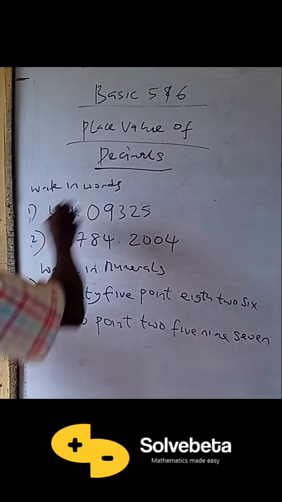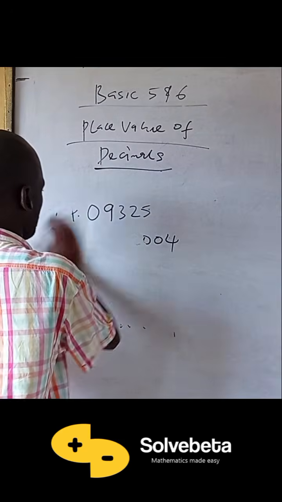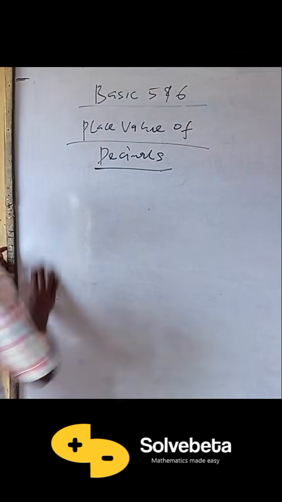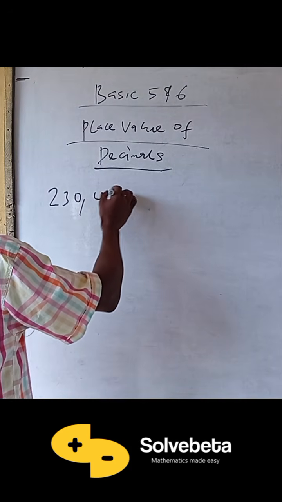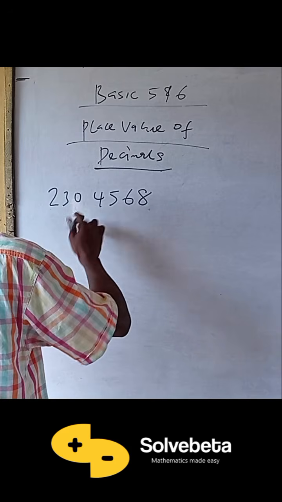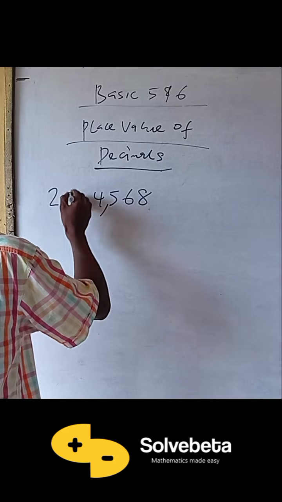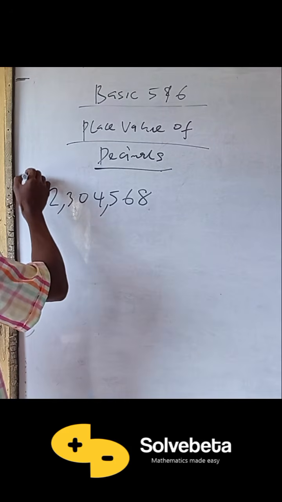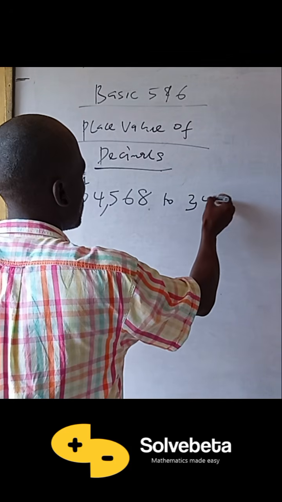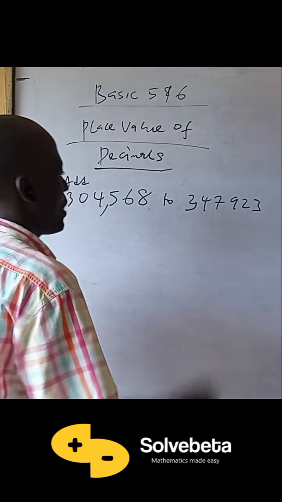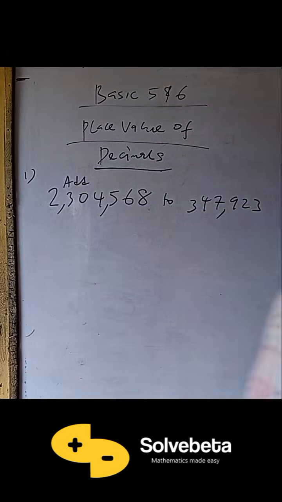So now let's look at addition of whole numbers. How do you add whole numbers? How do you add such numbers?